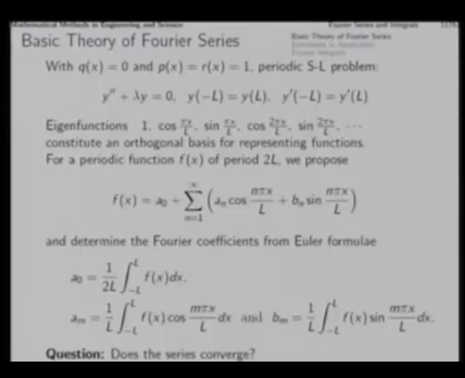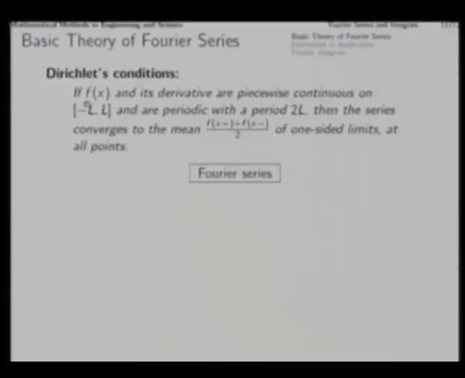The additional facility that Fourier series gives is ensured by this particular result, which you get if the function satisfies Dirichlet conditions.